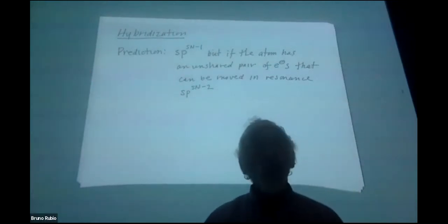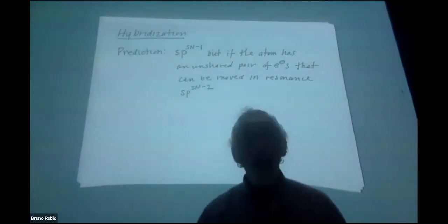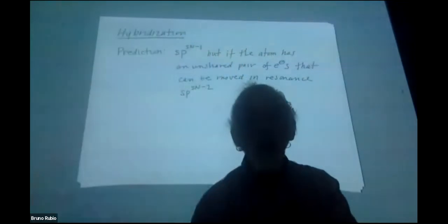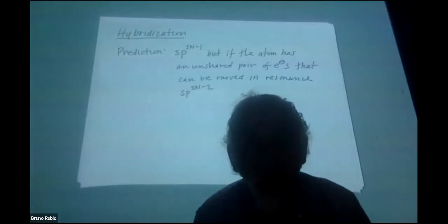So there's this drop down of hybridization state if the atom has an unshared pair of electrons that can be moved around in resonance structure.